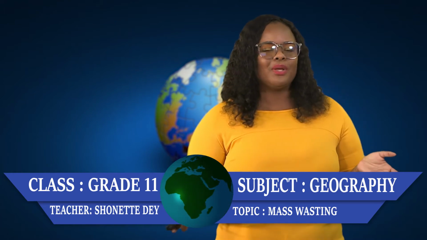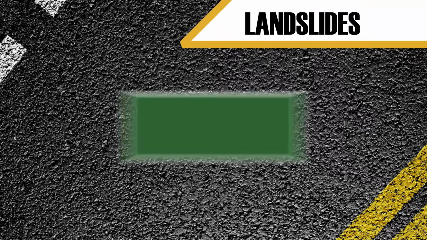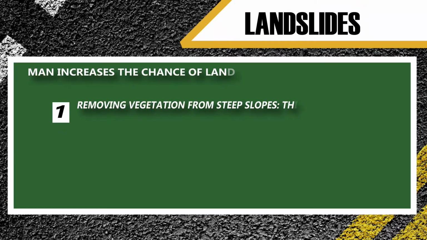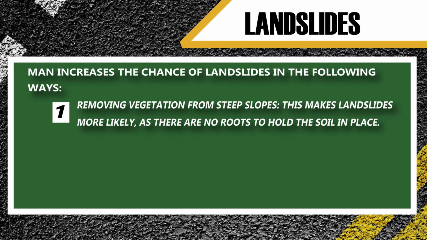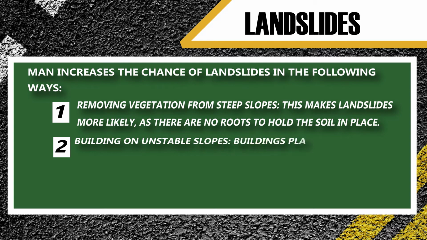Now, man increases the chance of landslides in the following ways. In most situations, we always ask ourselves, what did the human race do? So here are some instances where humans have somehow increased the chances of landslides. First, removing vegetation from steep slopes. This makes landslides more likely as there are no roots to hold the soil in place.